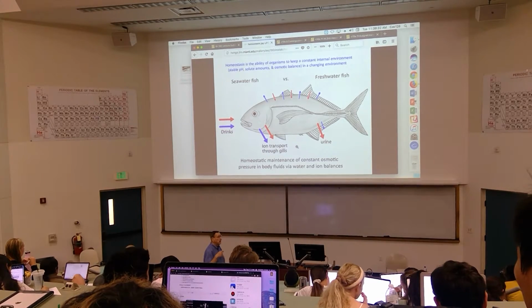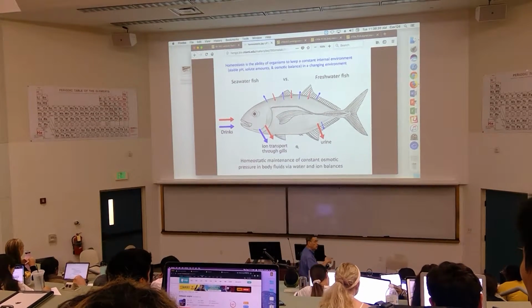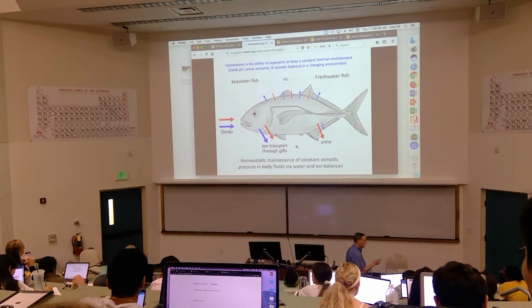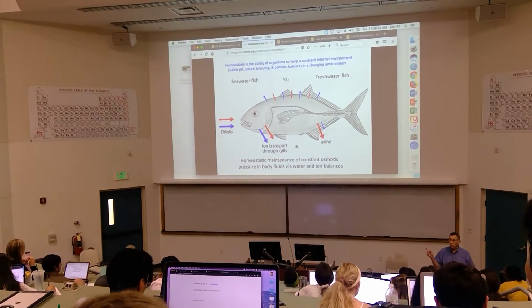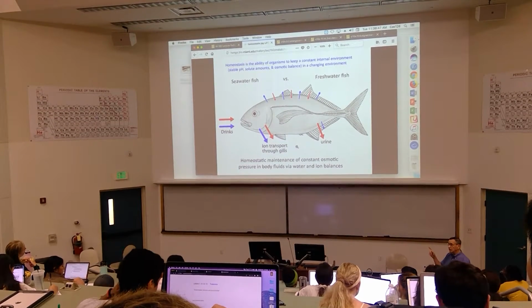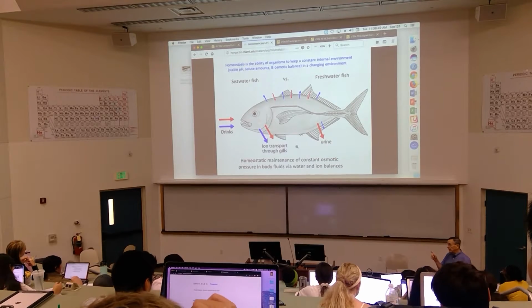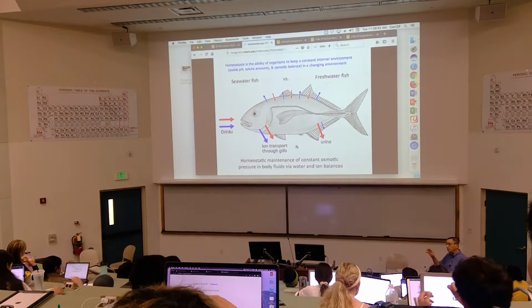They need to maintain a constant internal balance of water, whether they're in seawater or freshwater. And the two fish respond physiologically differently to those two systems. The freshwater fish is going to drink a lot. The seawater fish is not going to drink a whole lot. There's a big difference in how you respond to that.